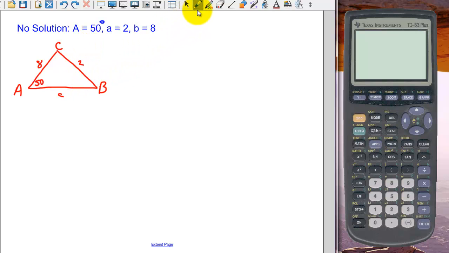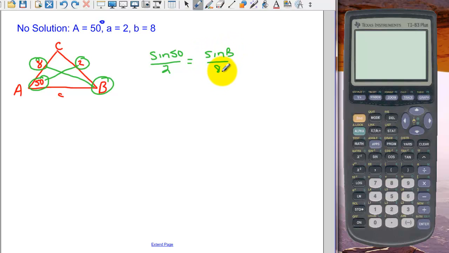So we have here our pair, so we're going to use sine of 50 divided by 2, and we have here one other side, so we're going to use this pair. So sine of B over 8.